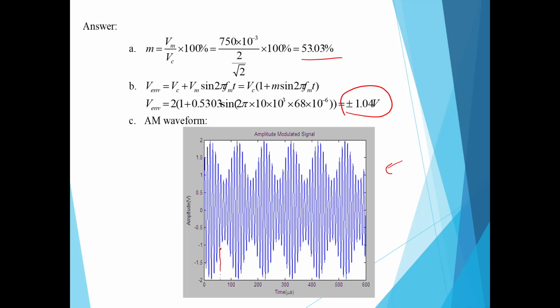If you draw a straight line, it will cross at the positive and negative of the envelope, at 1.04 and also minus 1.04. Because this is double sideband, we have upper and lower envelope.